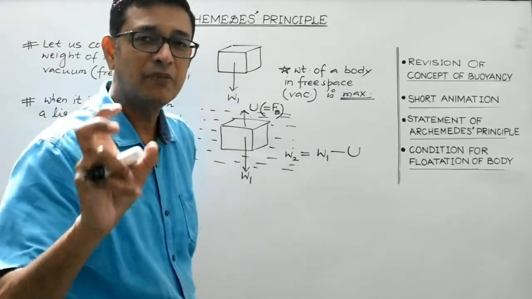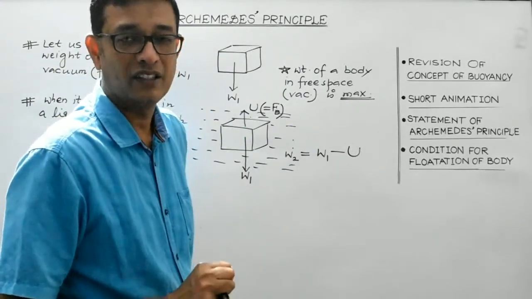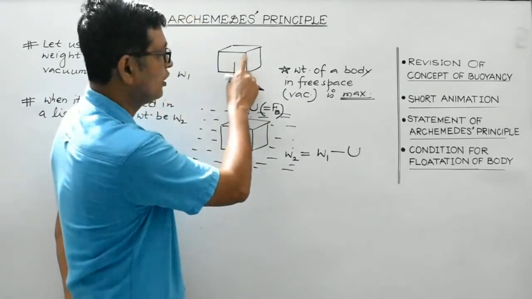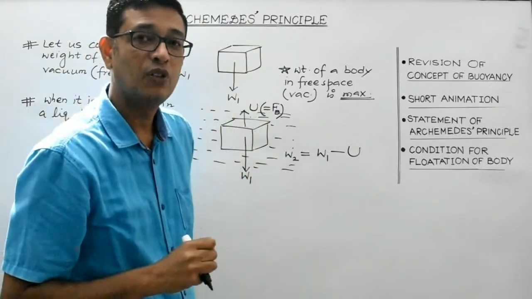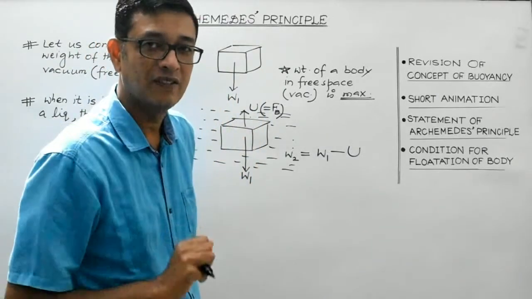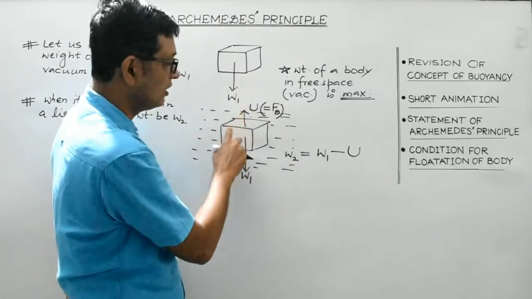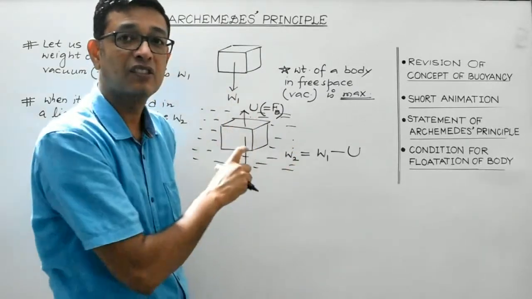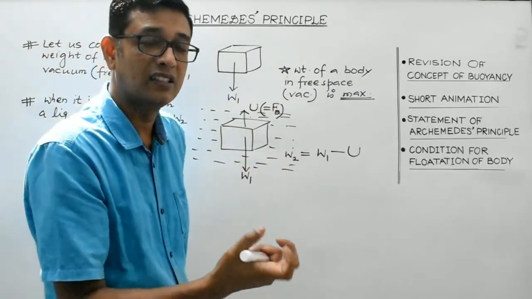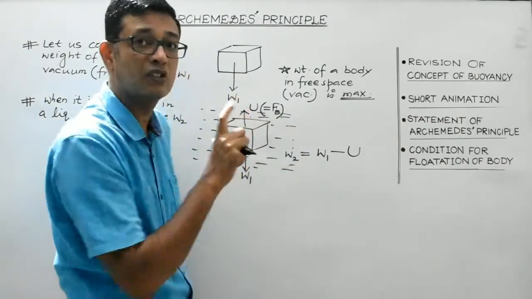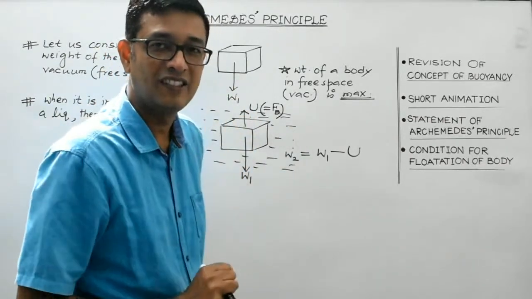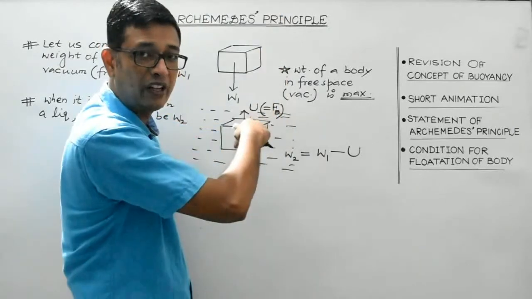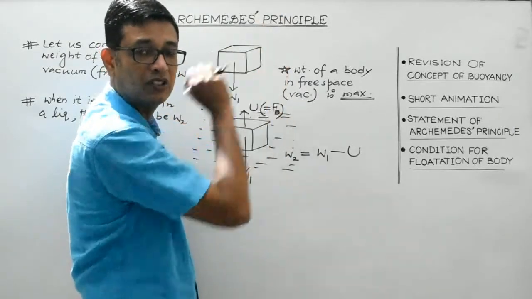We have done some numericals also based on it. Suppose, for example, the weight of this body in vacuum or free space is 10 Newton. Suppose when the same body is immersed in a liquid, the liquid or the fluid exerts an upward force, that is upthrust, of magnitude 2 Newton. 10 Newton is its actual weight and 2 Newton is the buoyant or upthrust.